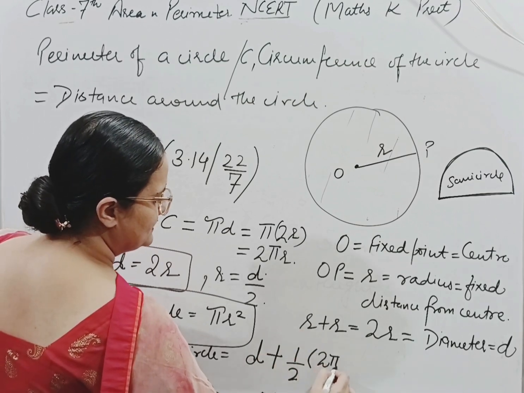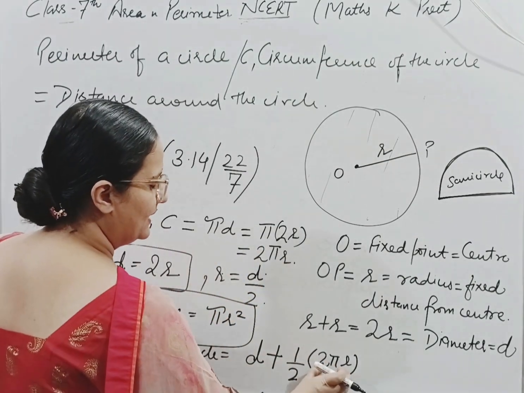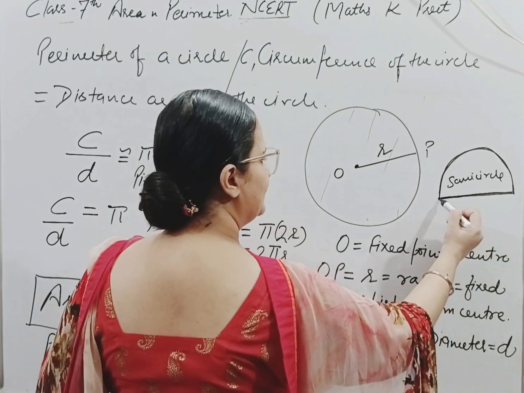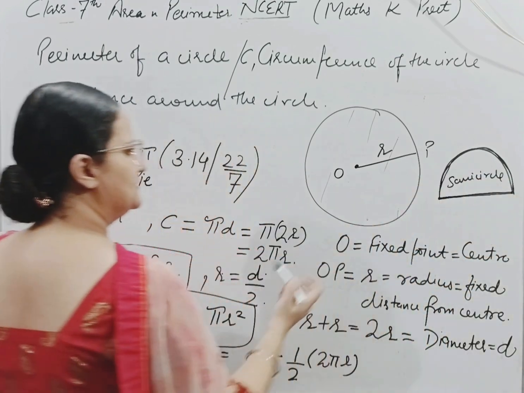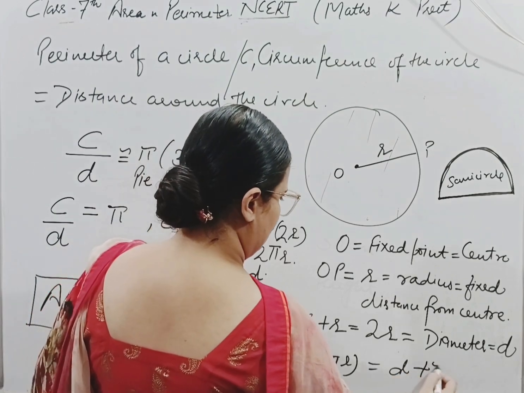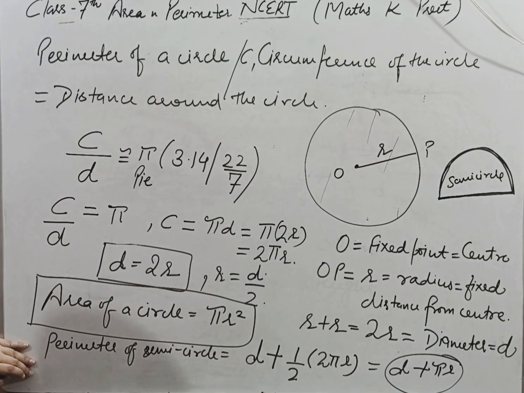The complete perimeter of the circle was 2 pi r. So from the figure we can see that it has the complete diameter and half of the circumference of the circle. So d plus pi r is the formula for the perimeter of a semicircle.